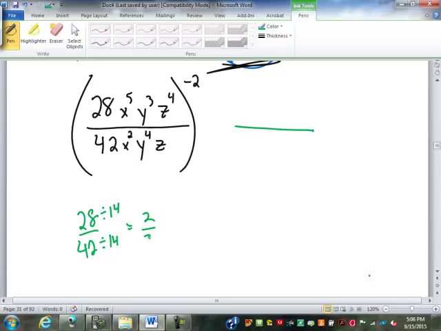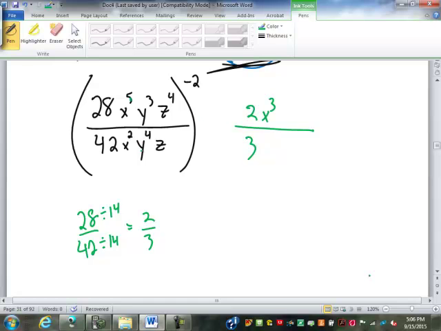Giving us 2 over 3. Then what about the x? So x to the 3rd on top. The bigger power's on top of the 5th. 5 and 2 have a difference of 3, so x to the 3rd on top.